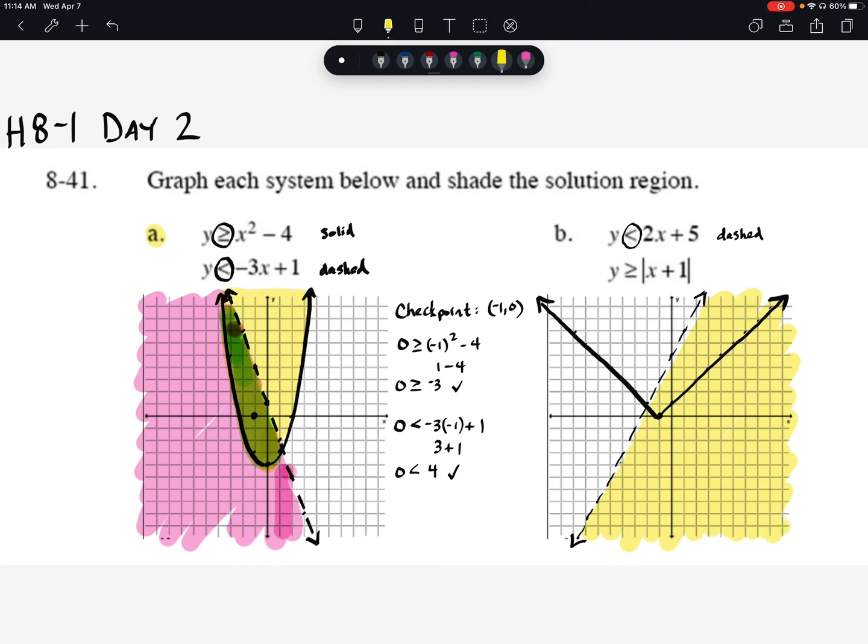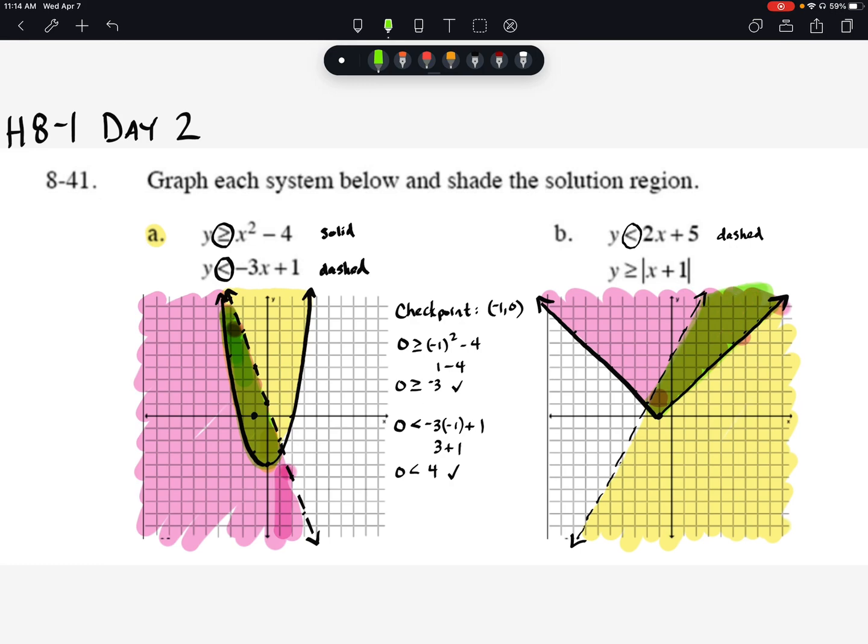And then we're going to shade everything that's above our absolute value function, which means if we started on the vertex and went up, now we're in the y values that are above it. So let's shade in this region. And you can see where the overlap in our shading actually is. So we'll go ahead and cover that with a green here so that it stands out a little better. And then we can do a check as well with this one.